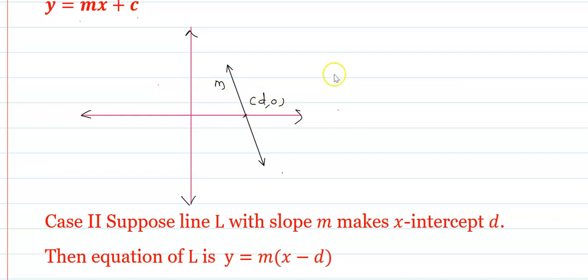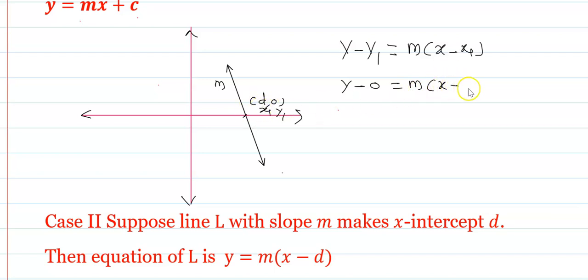The equation we can write like this: we know the point on the line, we know the slope, we can find the equation of a line. y minus y1 is equal to m in bracket x minus x1. What is the value of y1? y1 is 0. This is the x1 and y1 is 0. The slope is m, keep it as it is, and in bracket, x, the x1 is d, therefore y is equal to m in bracket x minus d.